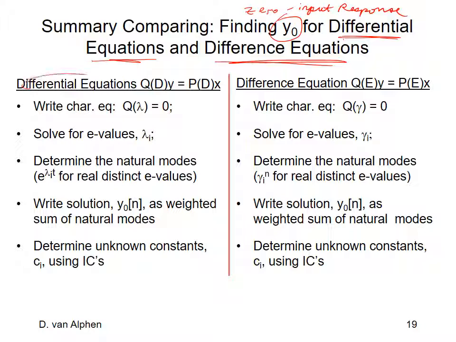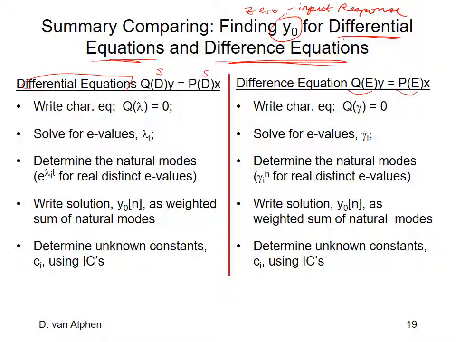So for differential equations, you write it in the form Q of either the D or the S operator acting on Y equals polynomial P of D, or polynomial P of S if you want to use S for the operator, and then that operator is acting on X. In this class, it becomes Q of E acting on Y equals P of E acting on X from the advanced operator notation.